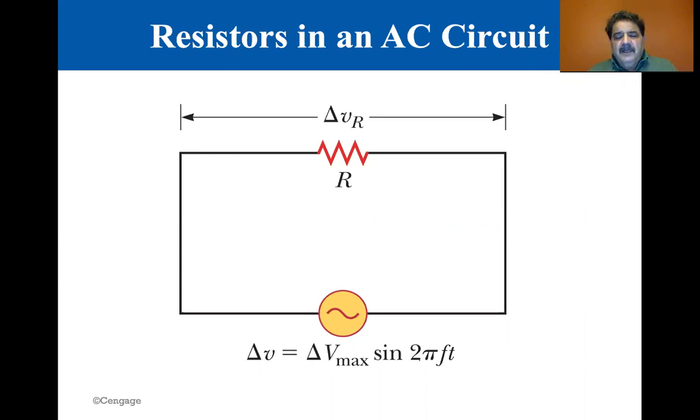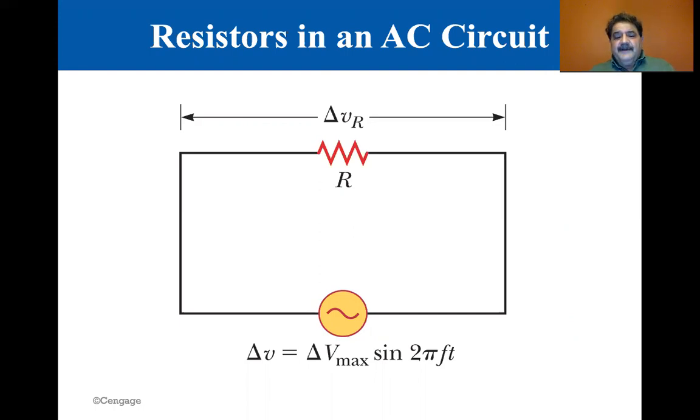So the EMF is delta v equals delta V max times sine 2 pi f times t. Now, most of the time the f is 60 hertz, so if you multiply by 2 pi, it's 377 radians per second. 377 will be a common omega that we use.